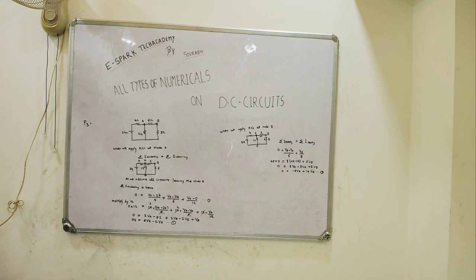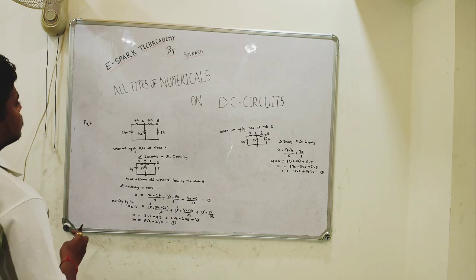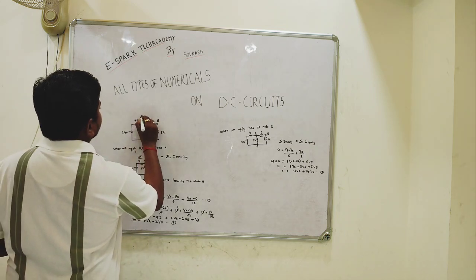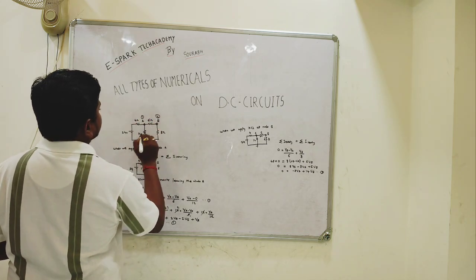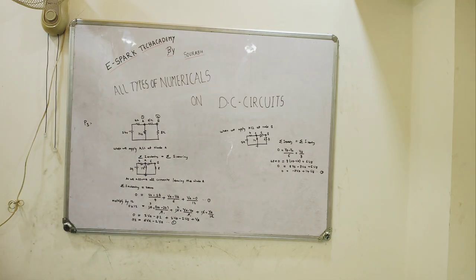Yes, the same thing we are doing. As VA and VB are nothing but V1 and V2, you can say this is node 1 and this is node 2 also. In some books they have given this problem with V1 and V2 as nodes, that's why we are getting it.